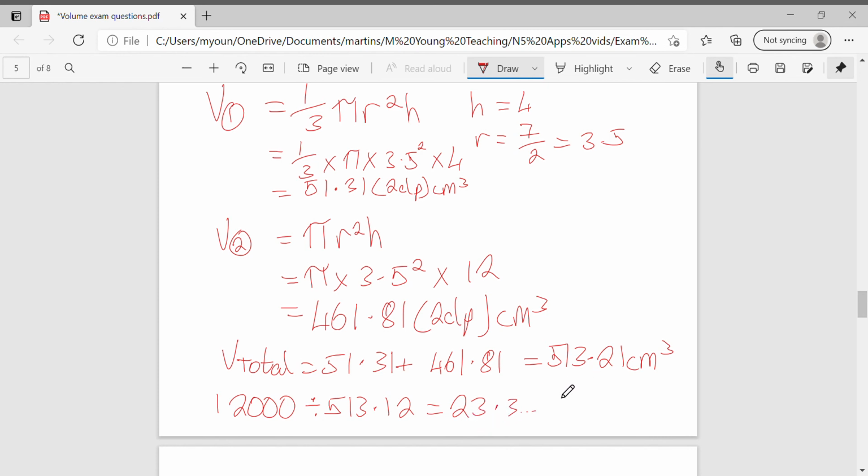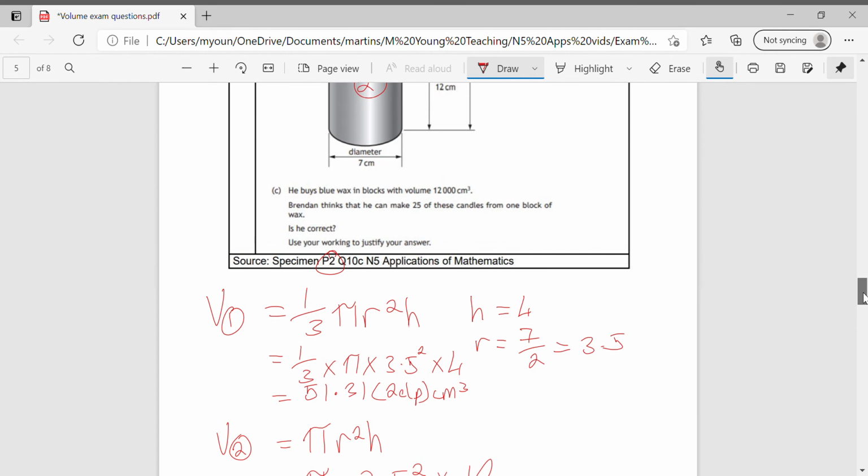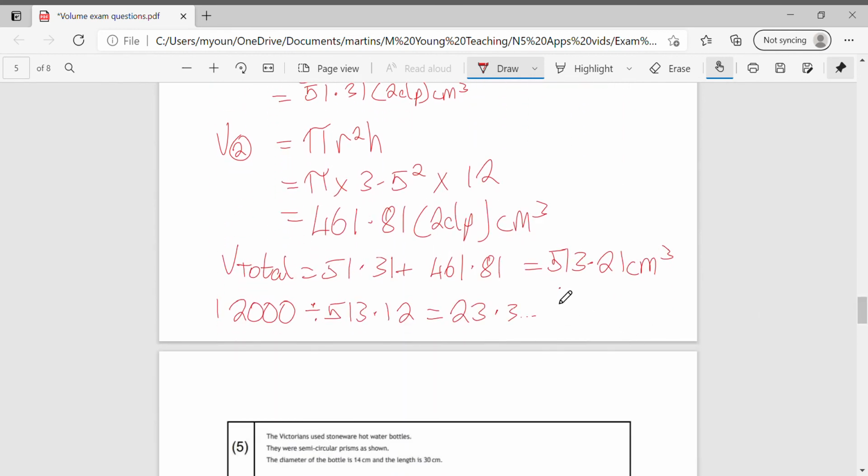Okay, so the answer is obviously no, because it says 25. So the answer would be no, as only 23 candles. If you think about it, obviously we're not going to get part of a candle, so I'm not going to do the 0.3 part, so it's just going to be 23. You would give a little bit more detailed answer. I've just run out of space.